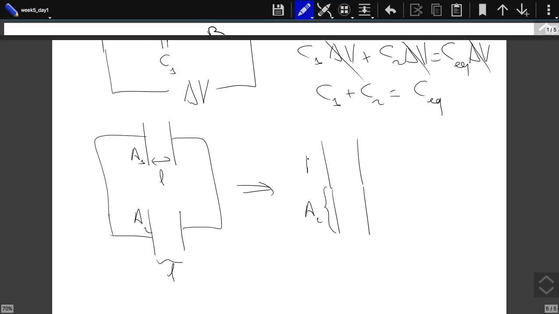So this is A1, A2. The thickness is L. So basically we are making a capacitor with the same thickness and area the sum of the areas. And remember the expression for the capacitance: the capacitance is epsilon 0 times A over L. Since you are adding the areas when you connect them in parallel, you are basically adding the capacitances. So you can store more charge.